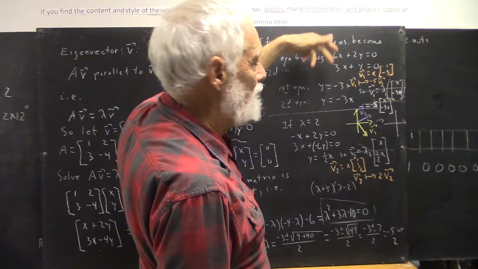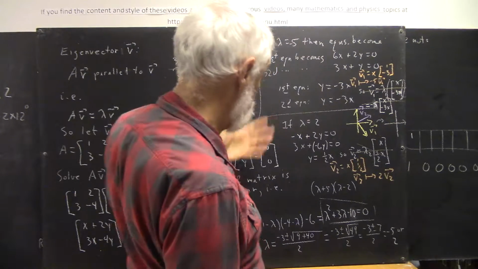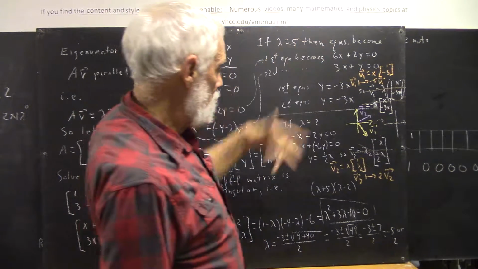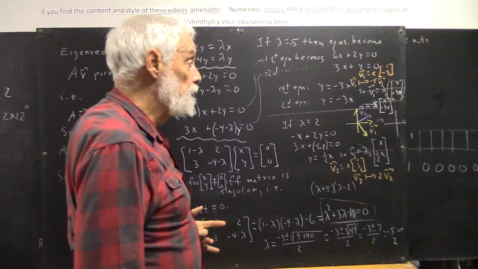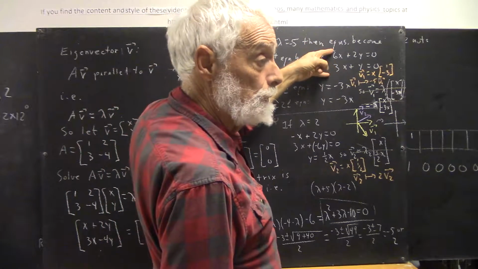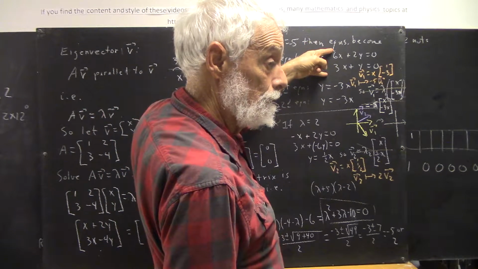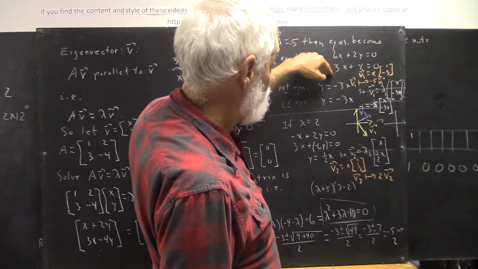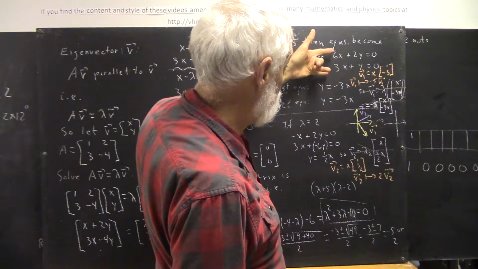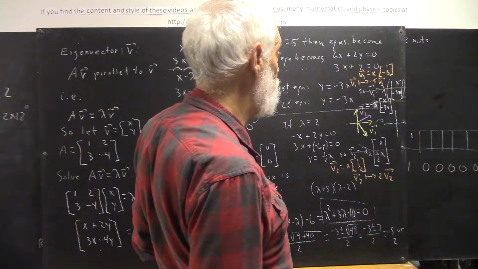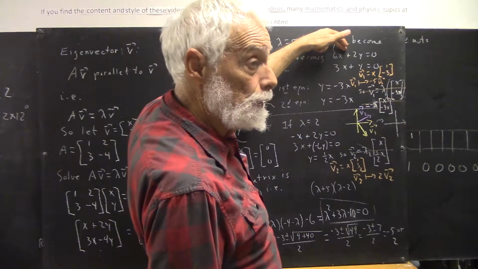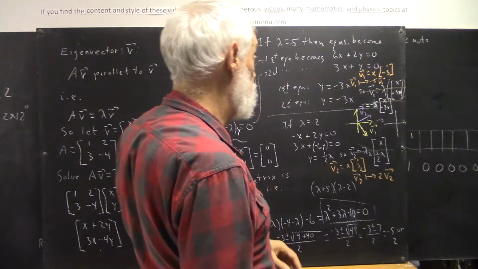And it's going to turn out, and it has to turn out, and you can think about why, if the determinant of this matrix is 0, these are going to be multiples of one another. The second row is a multiple of the first, basically, but the equations are multiples of one another. So any solution to the first equation is also a solution to the second equation.